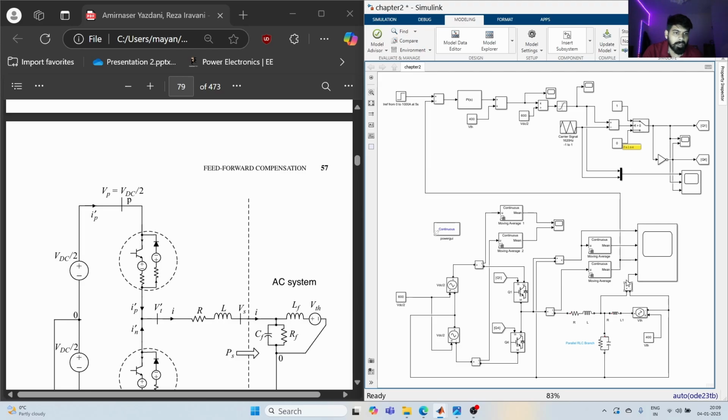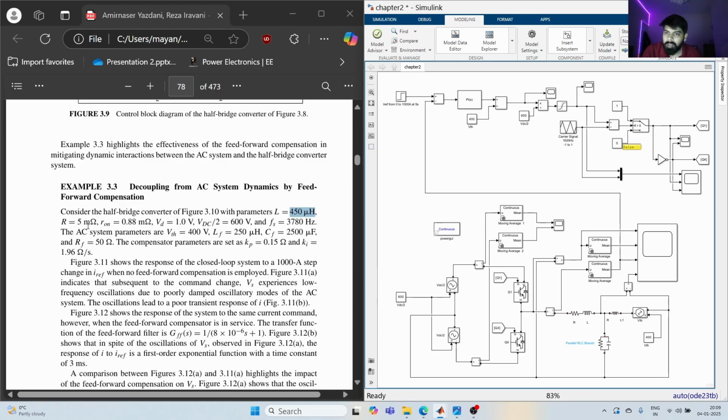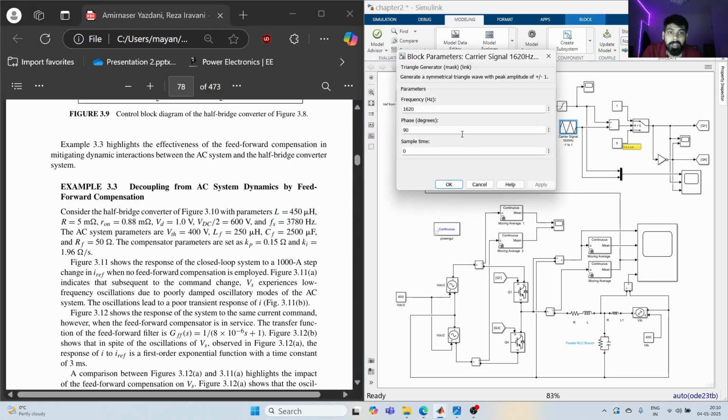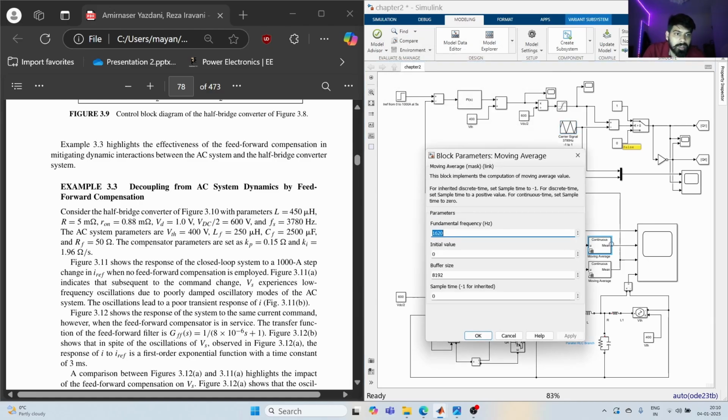Alright, this is our VS, this is our VTH 400, and then what else is changed? The switching frequency has changed now. It has increased to, I guess, more than double the one we were using previously, so we'll change this to 3780, and also we'll change these measurement frequencies.